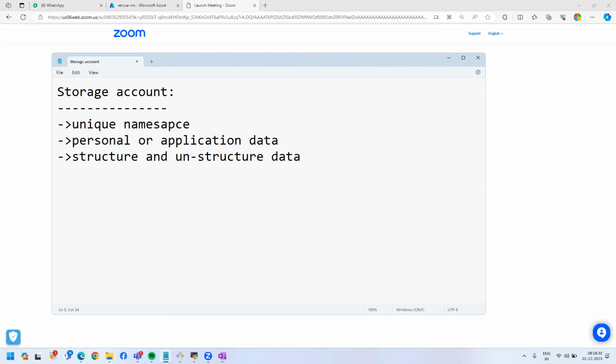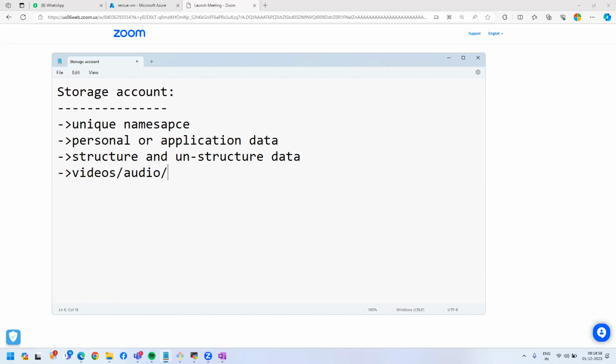Unstructured data, in the sense like I can say movies, videos, audio. Next, what else we have? Photos, digital photos.